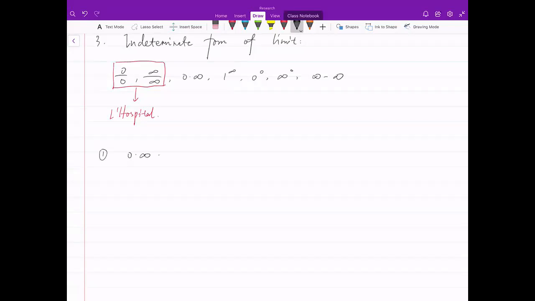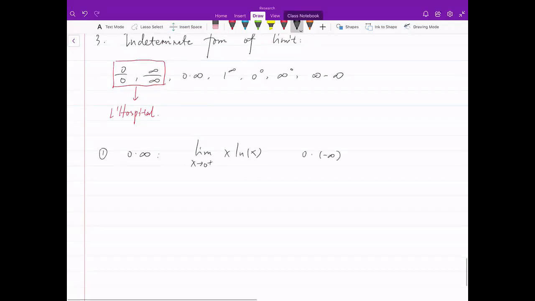0 times infinity. Let's go back to this example. Limit as x goes to 0 plus of x times ln x. Plug in, you basically have 0 times negative infinity. Indeterminate. So how do you do this?